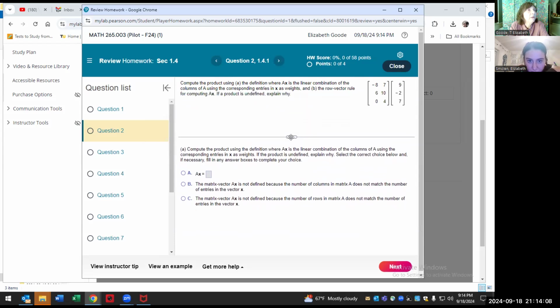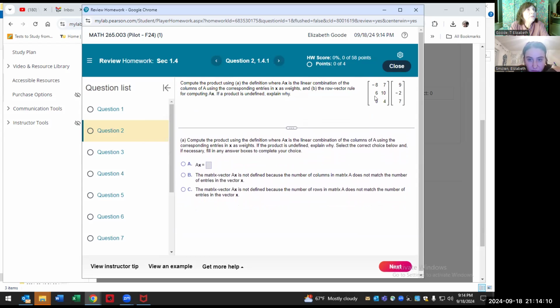This isn't a vertical line like in an augmented matrix. This is 2 matrices being multiplied. The matrix on the left is A, and this is what we call a vector, but it is a matrix. It's a 3 by 1 matrix.